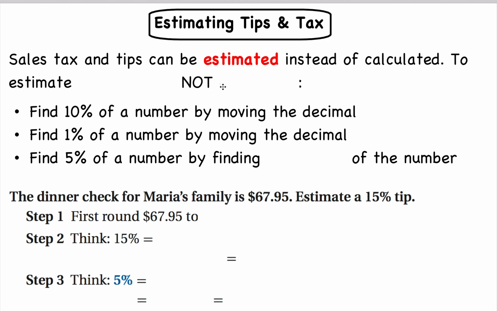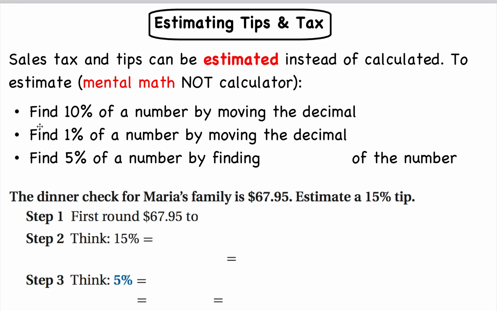Usually we try to round things and get amounts that are very easy to do in our head. So to estimate, we want to use mental math, not a calculator. So when you see problems where it says estimate what the tax is going to be or estimate what the tip will be, no calculator allowed.